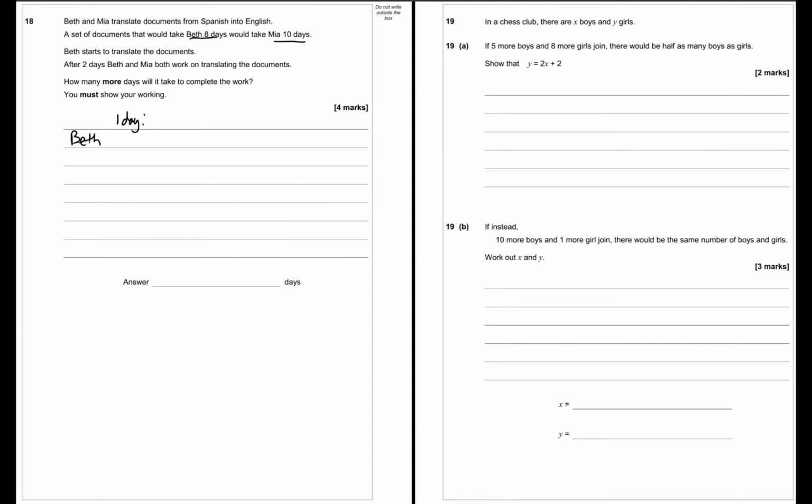So in 1 day, she can do 1/8 of the work. Okay, so let's think about Mia. In 1 day, how much of the work can Mia do? The whole thing would take her 10 days. So in 1 day, she can do 1/10 of the work.